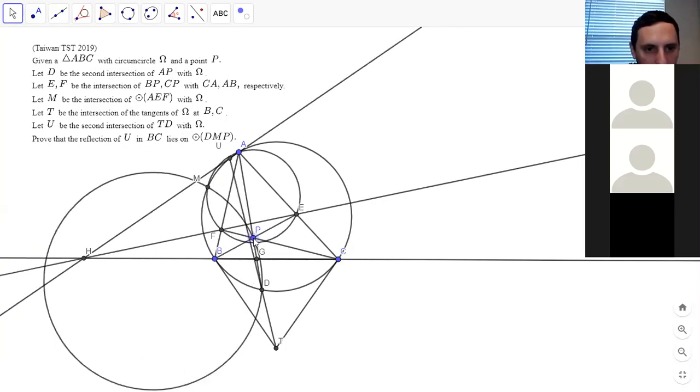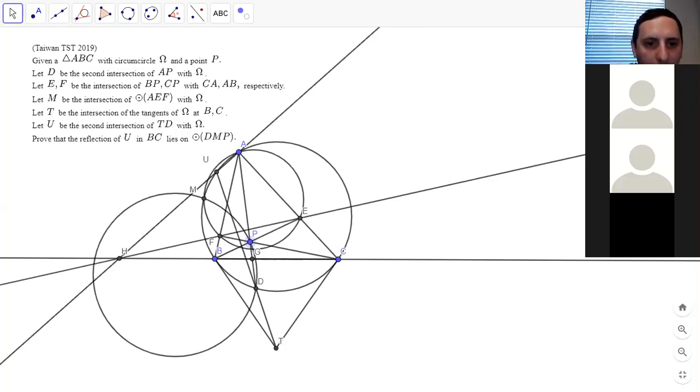You project through A, then it's true. Project through A. Okay. Yeah, because you want U. All right. Sounds good. So because U, B, C, D are harmonic, A, U, E, F, and B, C are concurrent.